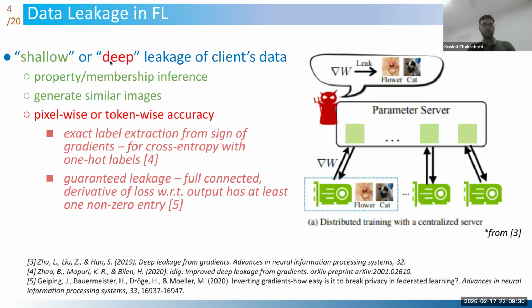But the deeper kind of leakage is where the entire training sample or multiple training samples of the agents are leaked to the attacker. For example, in an image classification problem, that could be pixel-wise leakage, and in a language model, that could be a token-wise reveal of the training set.